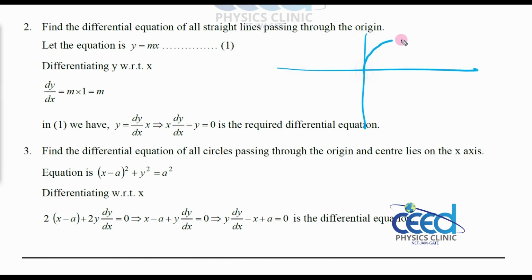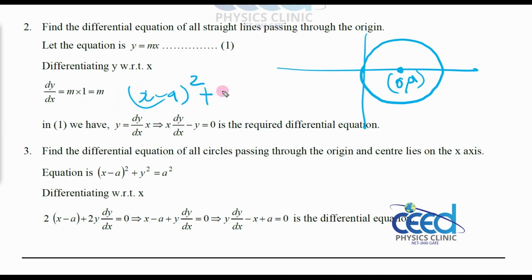Its center lies on the x-axis, say at the point (a, 0). Then its equation is (x minus a) whole square plus y square, since the y coordinate is 0, equal to the radius square, and the radius is a, so it is equal to a square. We have only one constant a here, so you have to differentiate only one time.